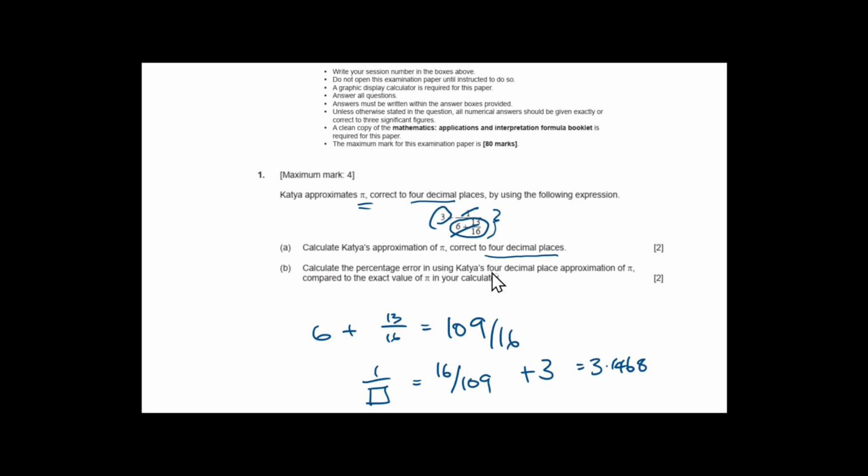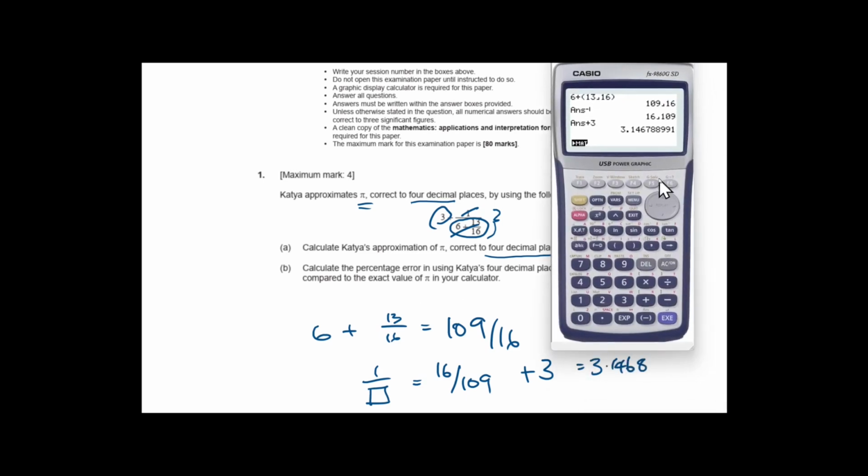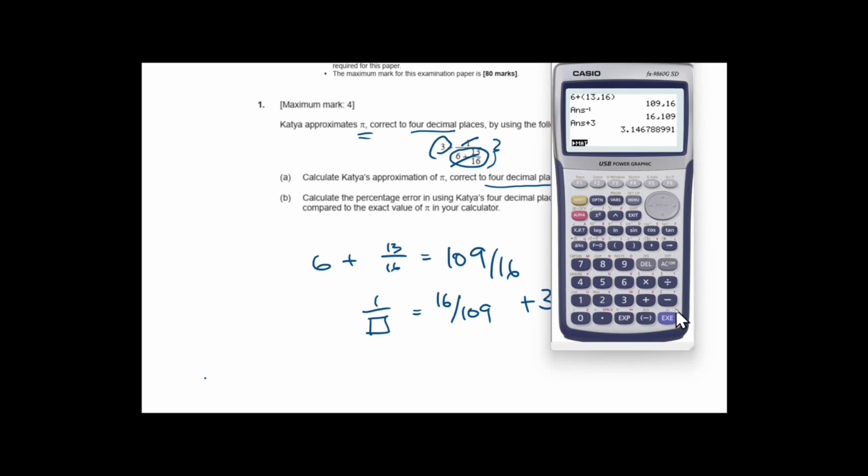That's that done. Calculate the percentage error using her 4 decimal place approximation of pi compared to the exact value of pi in your calculator. Well, our total error is going to be this number that we've got here minus pi.